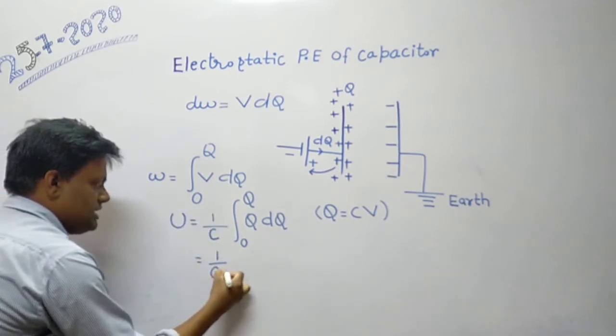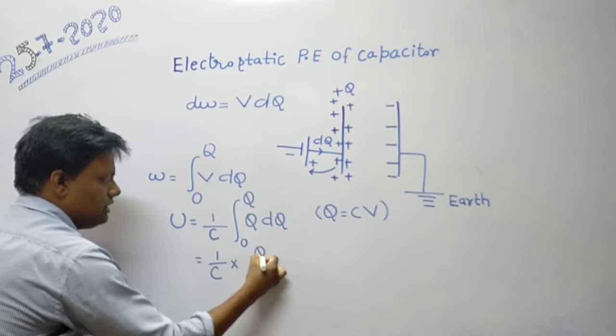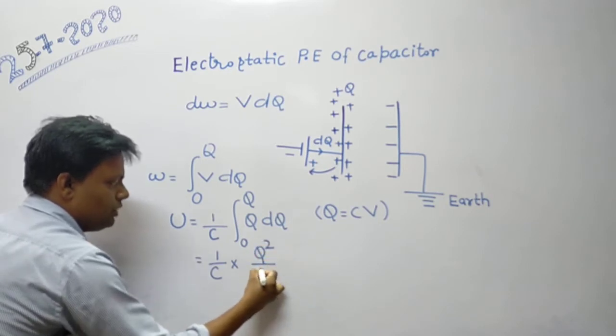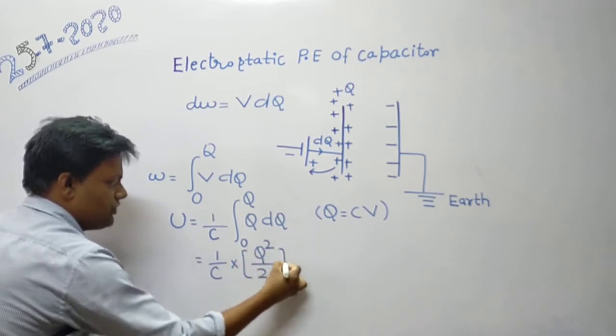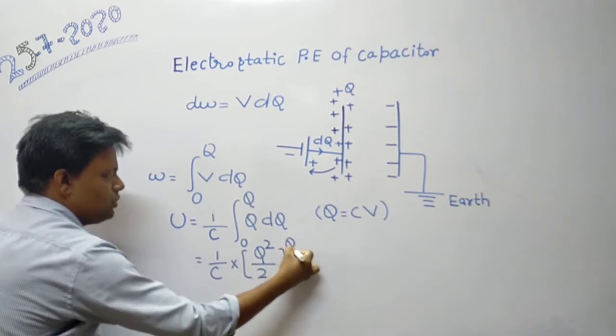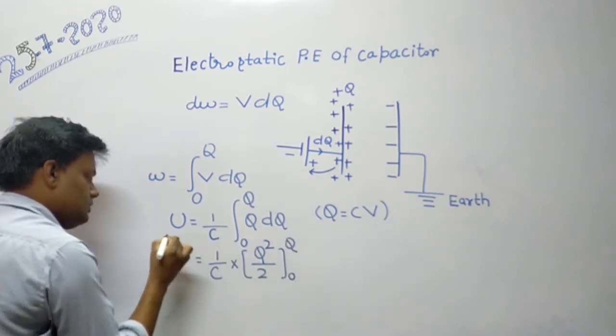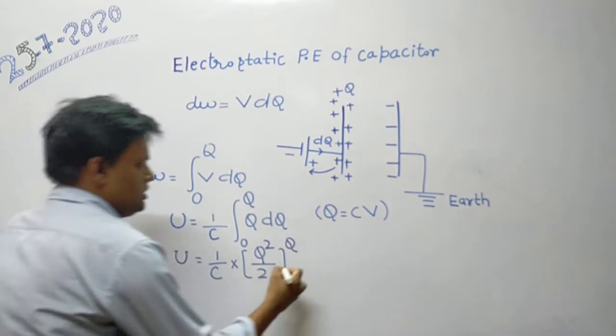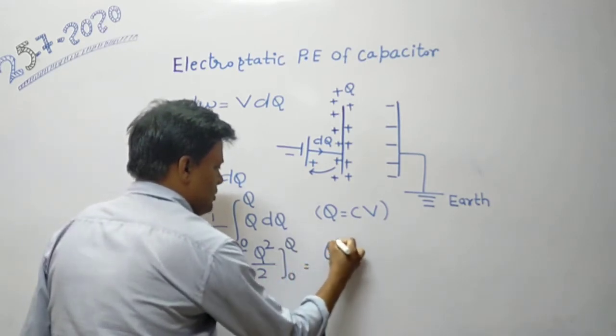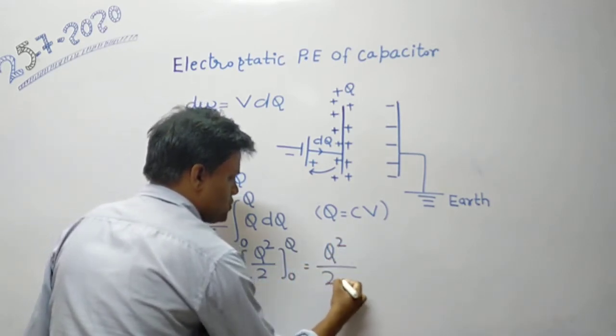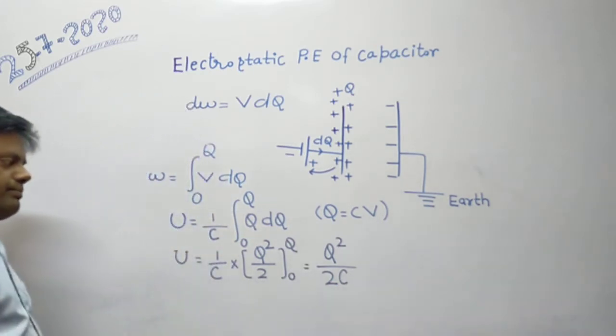This will be 1 by C, Q square by 2. This is the integration of Q, limit 0 to Q. This is potential energy. Upper limit minus lower limit. After putting the limit, you will get Q square by 2C.